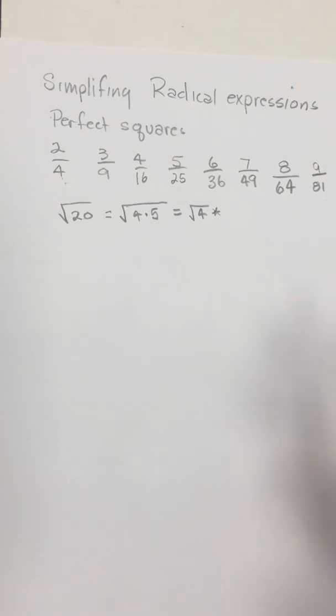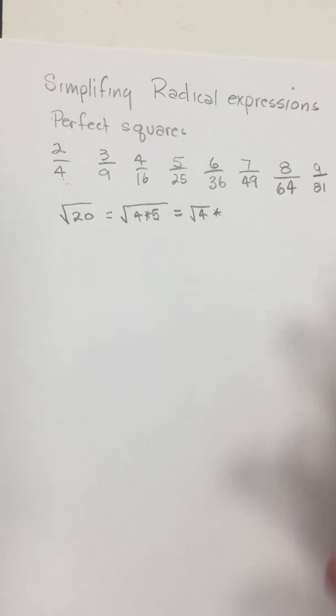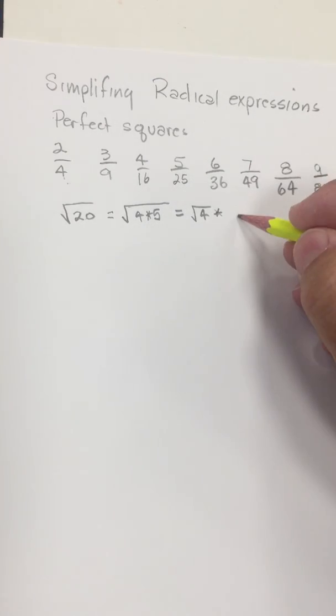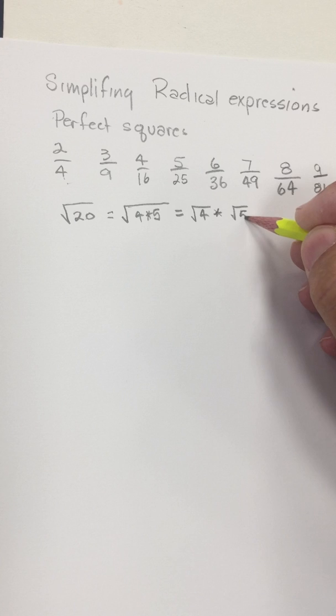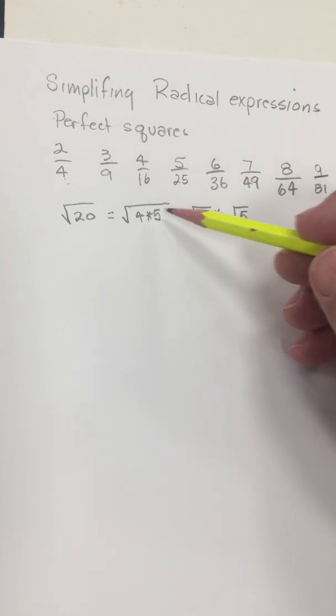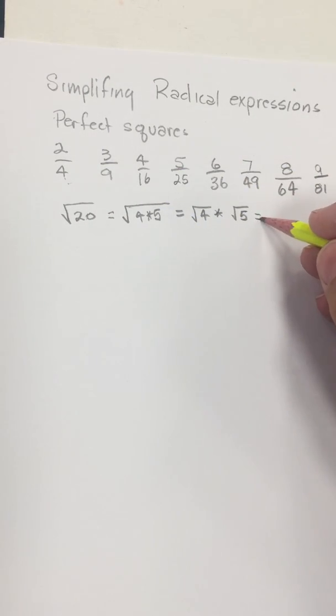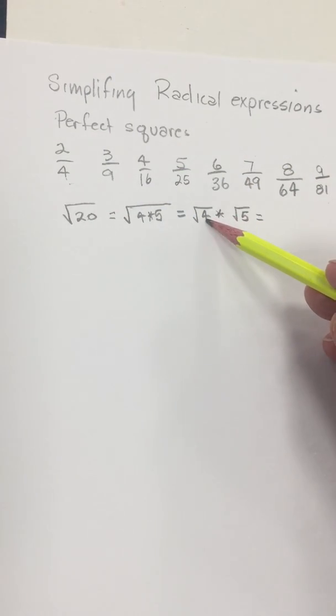So if you see the star, that would be a multiplication sign instead of the X, okay? The square root of 4 times the square root of 5 equals the square root of 20, just like we see here, okay?